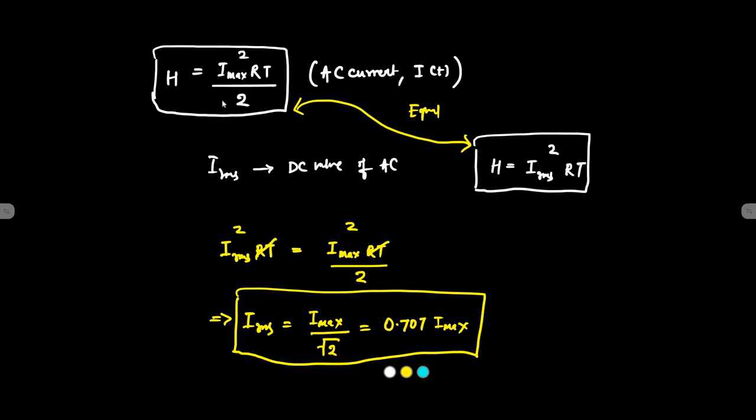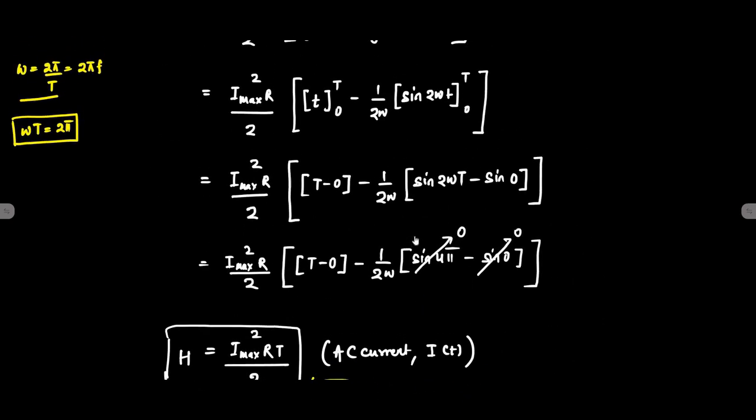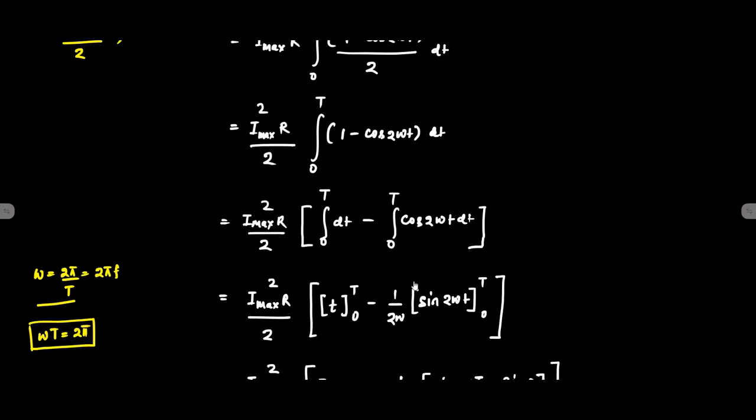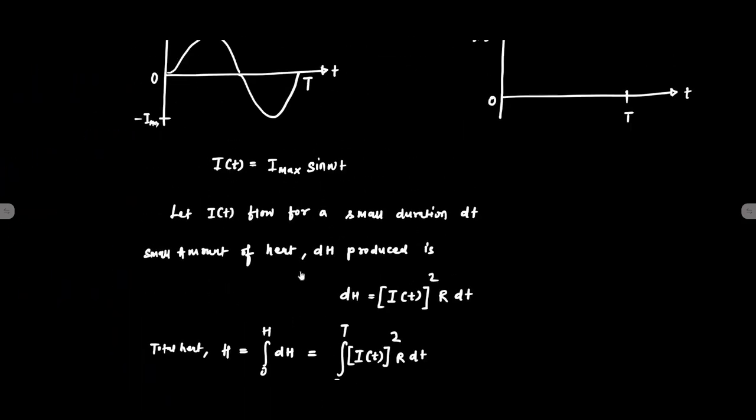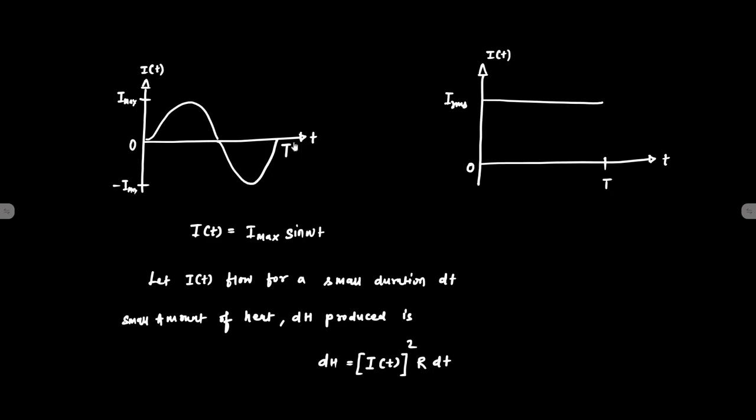All this derivation which we did here is for the amount of heat which is produced because of this AC signal over the entire time period from 0 to T. Now I RMS is its equivalent DC value.